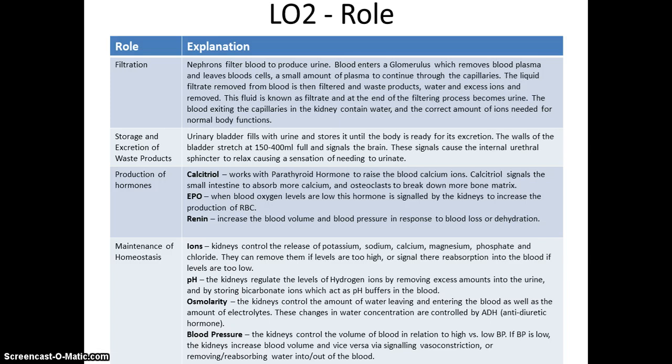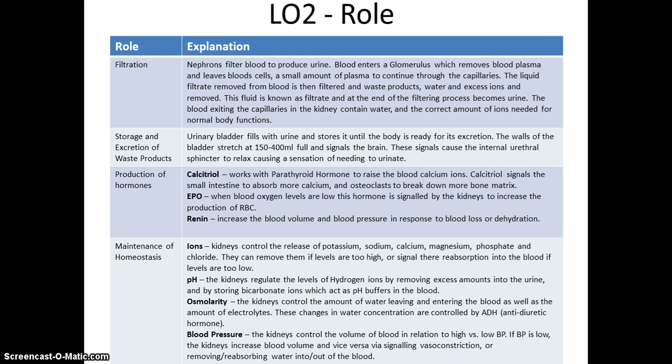So the osmolarity of the blood, okay, so the kidneys control the amount of water leaving and entering the blood, as well as the amount of electrolytes. Okay, so one, it monitors the ions, as in the first point, and two, the amount of water. Now, ADH is an important hormone for this. Okay, it's an antidiuretic hormone. I'm sure you've probably heard of diuretic things.